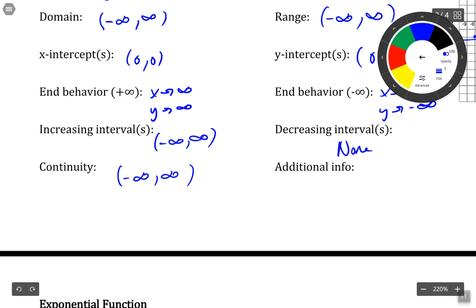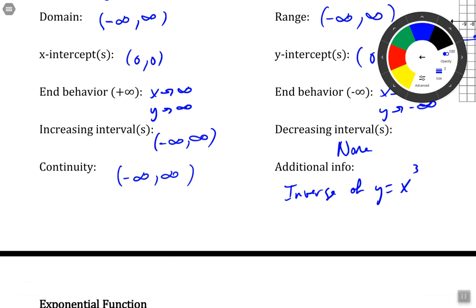Yep, it is. Now, additional information. What is it the inverse of? Y equals x cubed. Are there any restrictions? Is there any piece of the domain that doesn't work? No. For cube root, it's easy. It's all real numbers. It's the whole domain.